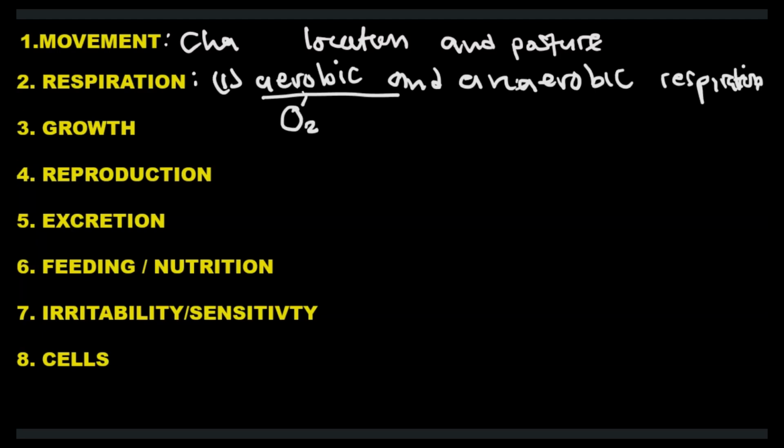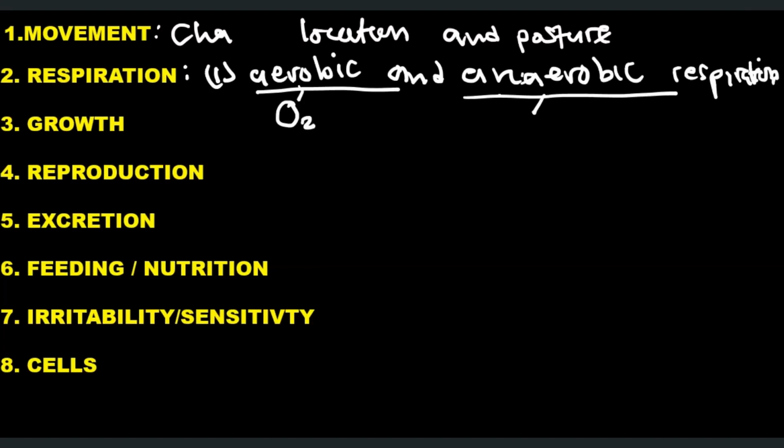So the cells require oxygen for them to release energy. During the process of aerobic respiration, oxygen is required to release energy. On the other hand, anaerobic respiration is the release of energy from the food substances and does not require the use of oxygen.